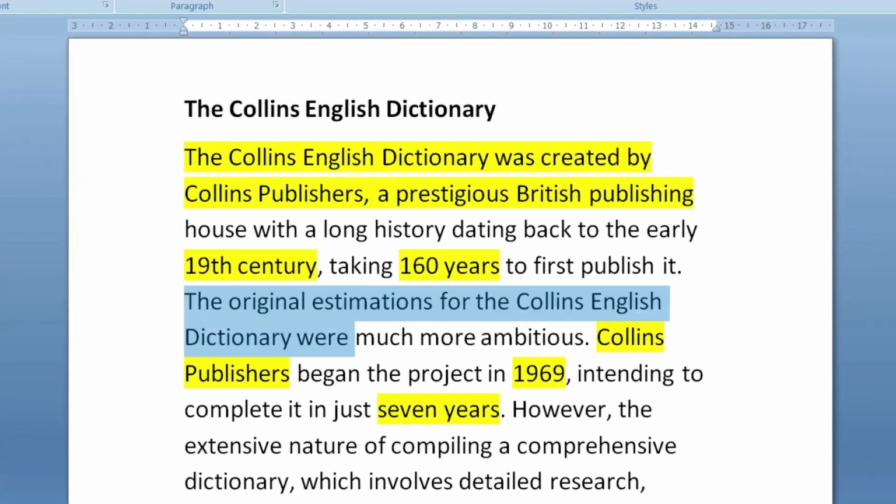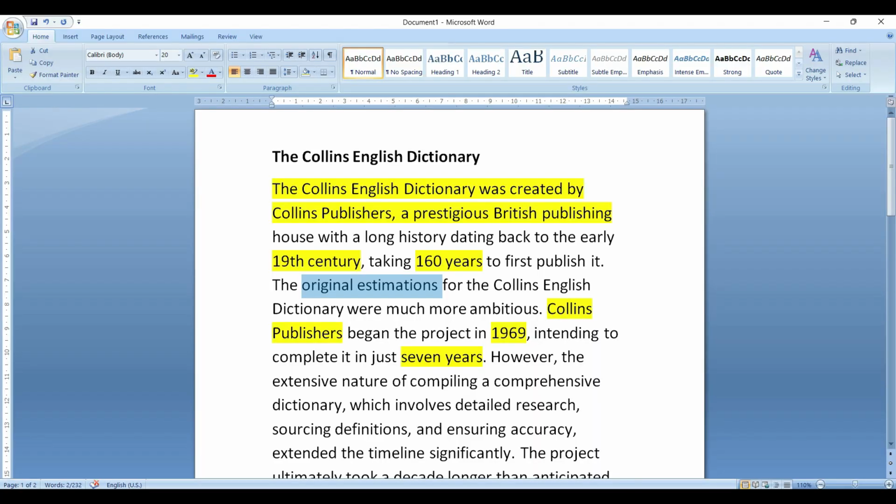The original estimations for the Collins English Dictionary were much more ambitious. Okay, now we're getting there because we have original estimations. The original estimations is paraphrasing for an initial plan, what they had in their minds at the beginning. Collins Publishers began the project in 1969, intending, another paraphrasing, their first intention, to complete it in just 7 years.